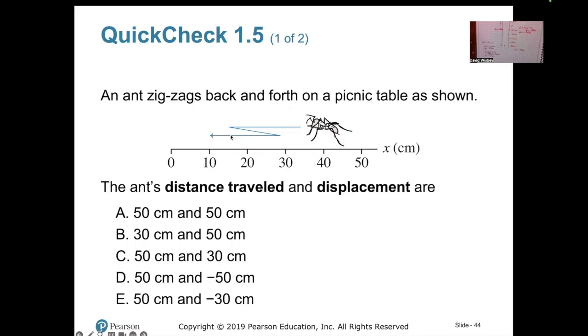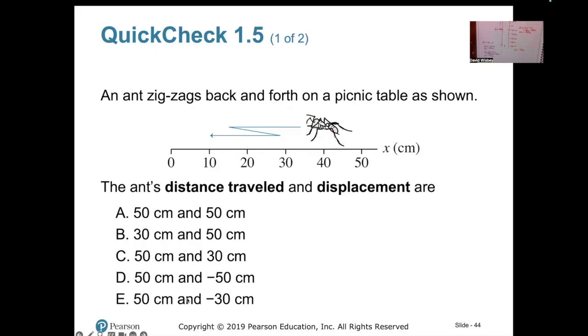Well, the displacement is definitely minus 30. And so this part's 20, I guess, and that part's 15. I don't like this picture.